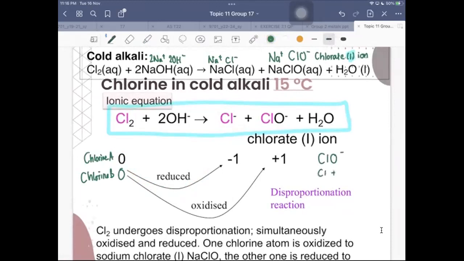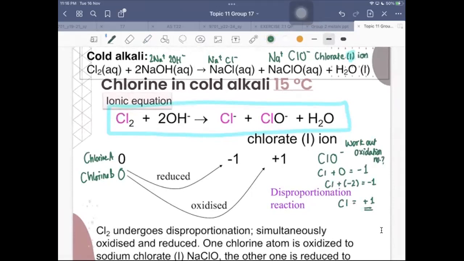I have to add the oxidation number of chlorine and the oxidation number of oxygen, and I should get -1. As we all know, oxygen is -2 because it is the more electronegative element. So chlorine would be +1. That is how to work out the oxidation number.